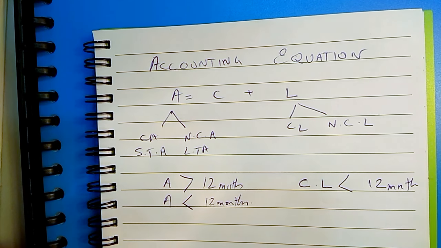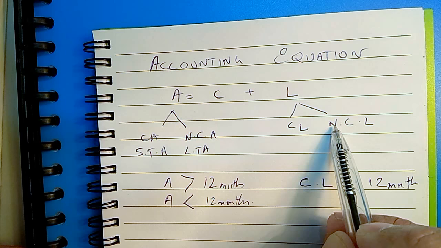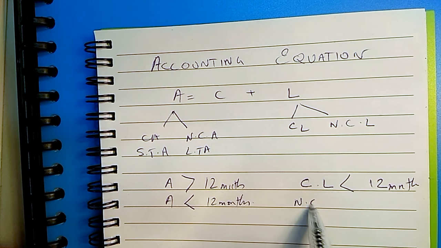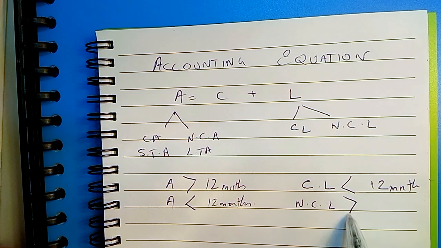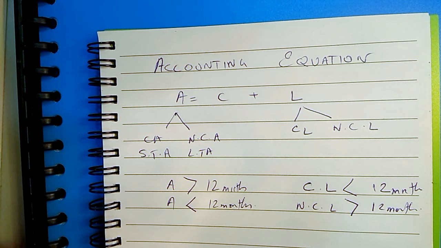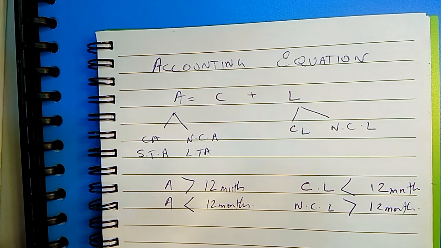It's very self-explanatory. Non-current liabilities are something over 12 months, and it might be a bank loan. For short-term liabilities or current liabilities, it might be some payables. So payables are our short-term liabilities.